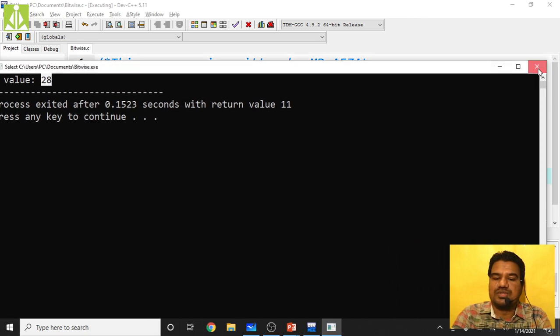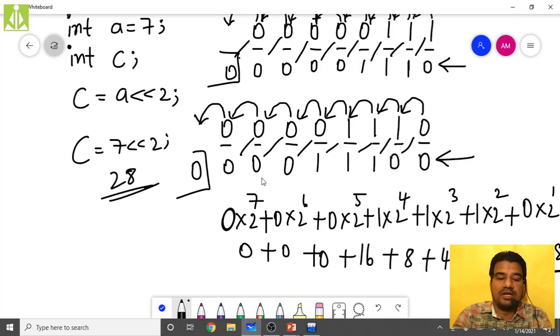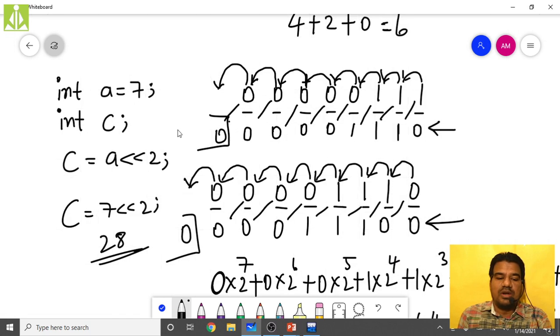Hopefully you understood. See, one simple logic I will tell you to remember this shifting process. Whenever you left shift once, the actual value will get multiplied with 2. So after the first shift, 7 multiplied with 2, this value is 14.